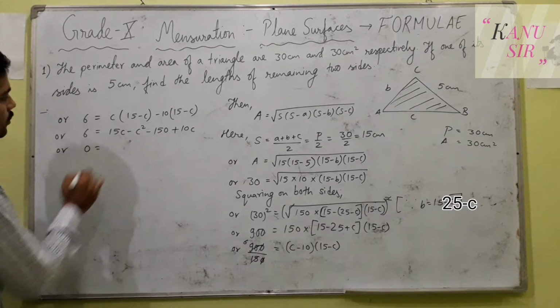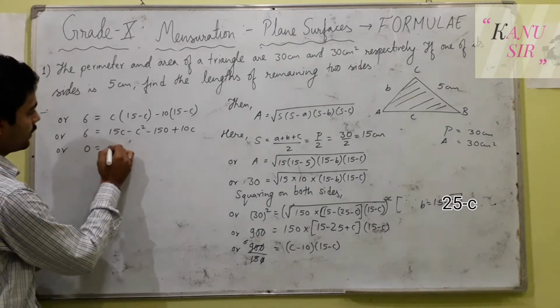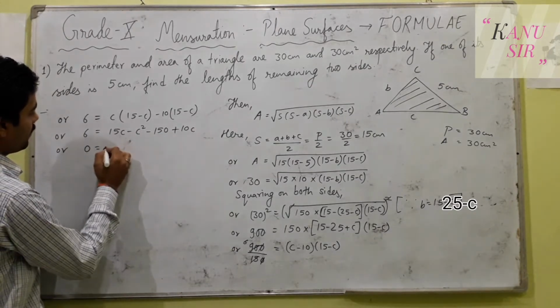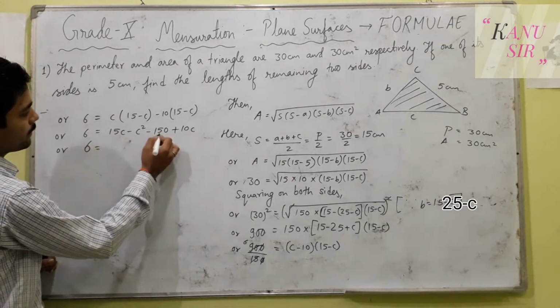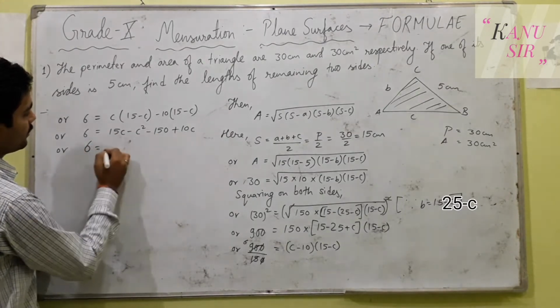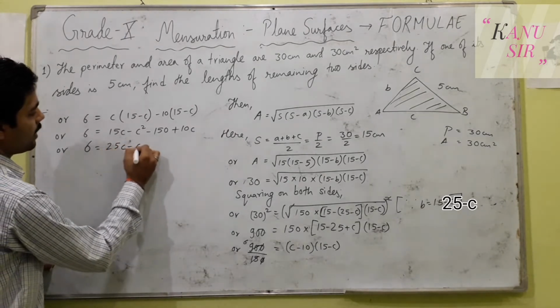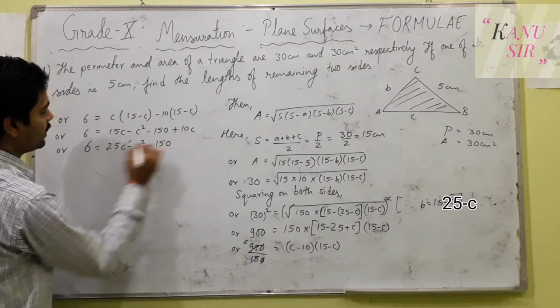Or 0 is equal to, let us keep 6, 15C plus 10C, we will get 25C minus C square minus 150.